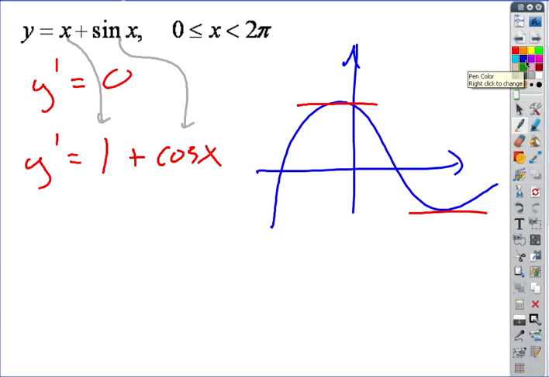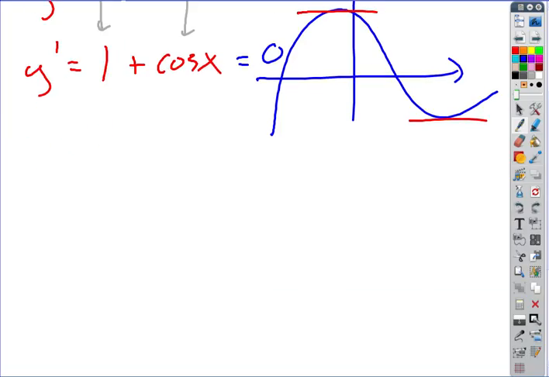So if we set this derivative equal to 0, then now we can just switch into algebra mode. We've got an equation, 1 plus cosine x equals 0. And remember, x is restricted. I won't rewrite the restriction, but it's on one lap of the unit circle, right? So how do I solve that? If I'm solving a trig equation, how do I solve a trig equation?